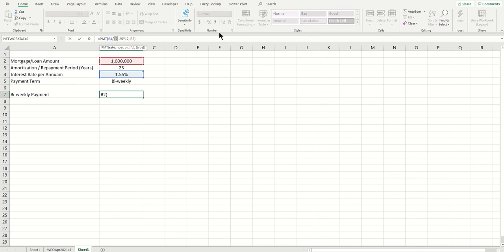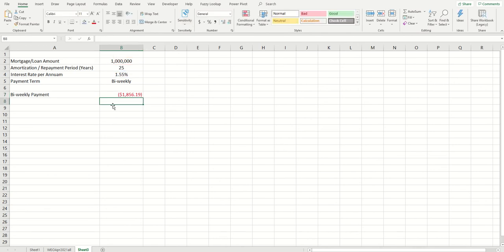So 26 bi-weekly periods in a year. So you divide the annual interest rate by 26, and then you multiply the number of years by 26 again, because there will be that many bi-weekly periods, and the loan amount will stay the same. So that is your bi-weekly payment for this mortgage.